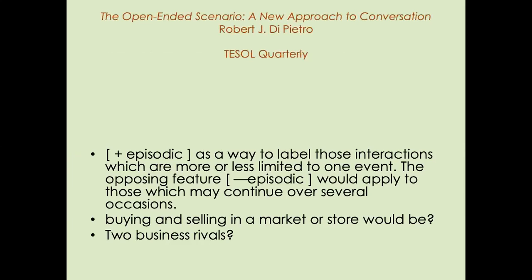Would it be episodic or non-episodic? Hopefully this is a conversation that will continue over several weeks. So I think that's it for this activity. And if I give it a try, I'll try to post up a video on this.